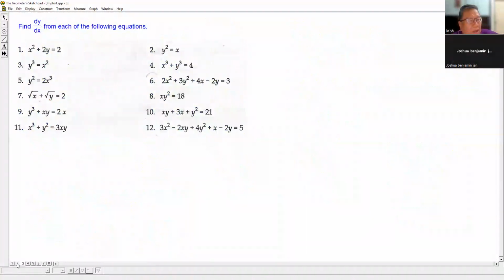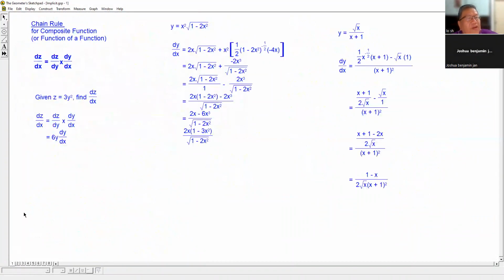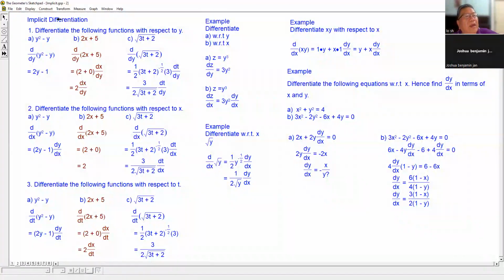There is one more type of differentiation in your syllabus. That type of differentiation is called implicit differentiation. What is implicit differentiation?